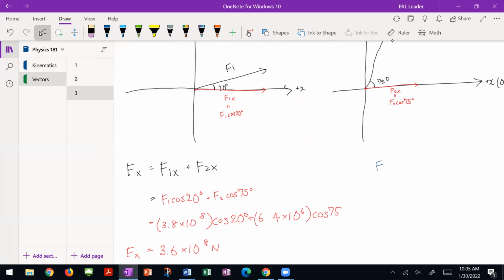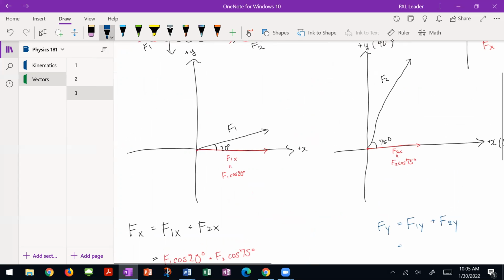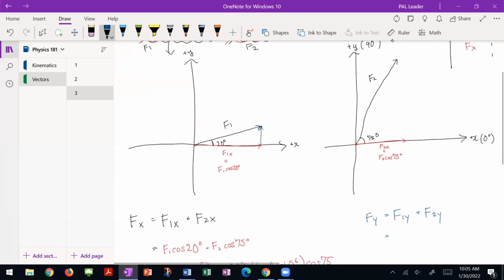Fy is just the sum of the y components of all the forces here: F1y and F2y. Okay, let's look at F1y. We start here. This is our hypotenuse. So we are traveling just this in the y direction, right? So we'd be using sine.